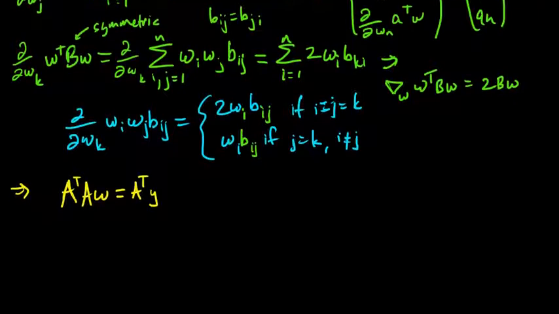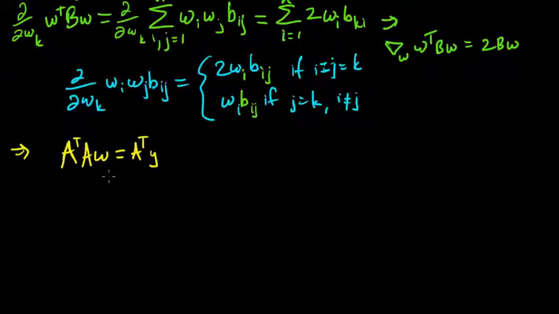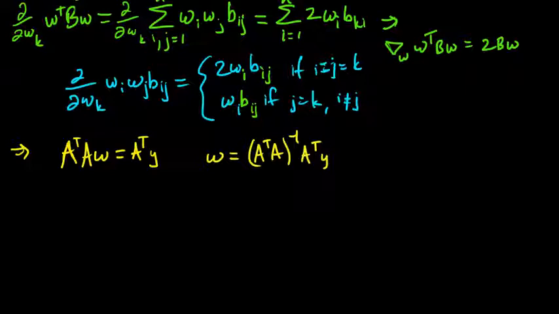And we want to solve this for W, to find at least a critical point. So here's a little aside. We want to invert this A transpose A. We'd like to say W equals A transpose A inverse times A transpose Y. But of course, we need A transpose A to be invertible.